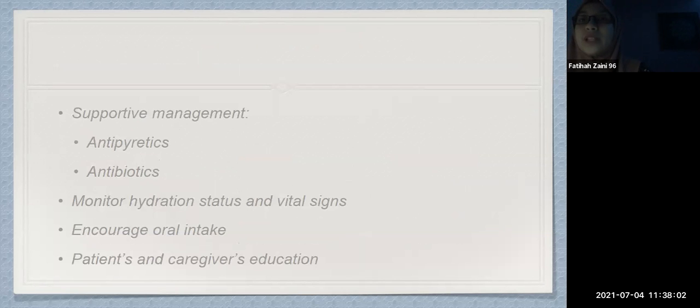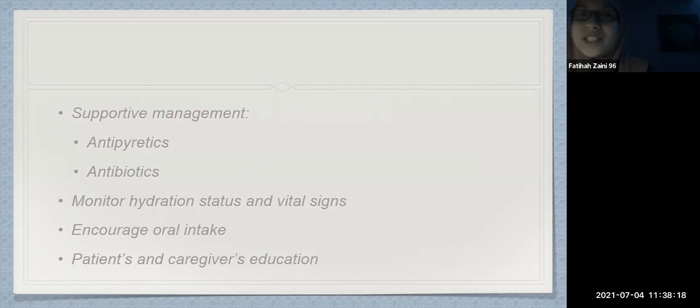All right, for the supportive management, after we stabilize the patient from the ABC, we will do another management which is specific to the disease, specific to the diagnosis of what the patient is having.